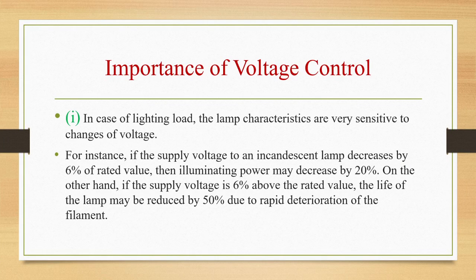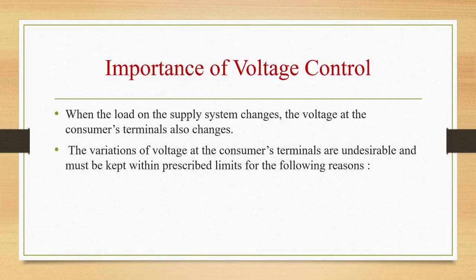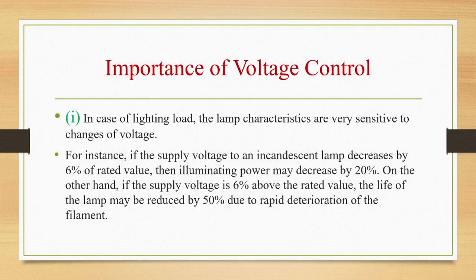According to the load, voltage is also getting changed. Variations of voltage at the consumer terminals are undesirable and they have to be kept within the permissible limits, for the following reasons. First reason is, in case of lighting load, lamp characteristics are very sensitive to changes of voltage.